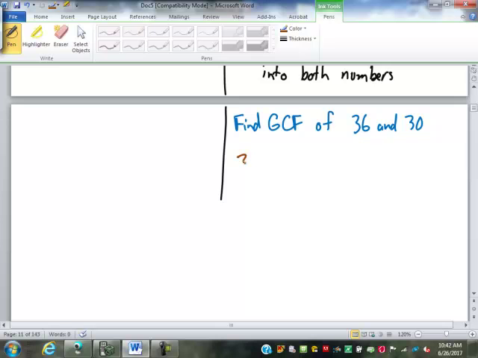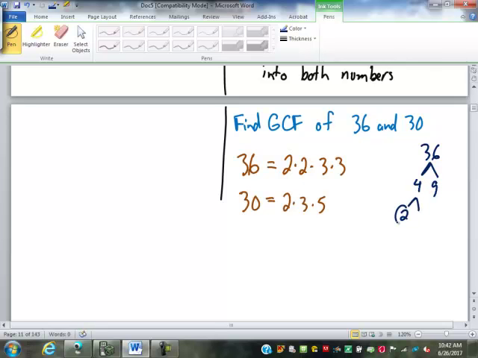If we were trying to do this using our factoring, 36 is 2 times 2 times 3 times 3. 30 is 2 times 3 times 5. Again, that would be found doing that factor tree. Look familiar? I'm going to assume you can do those at this point.